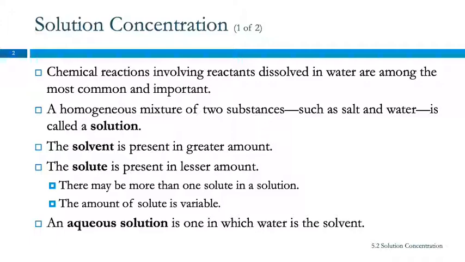So a solution is a homogeneous mixture of two substances. It could be salt and water, it could be sugar and water, any two substances that mix homogeneously. A solution has two parts, the solvent and one or more solutes.